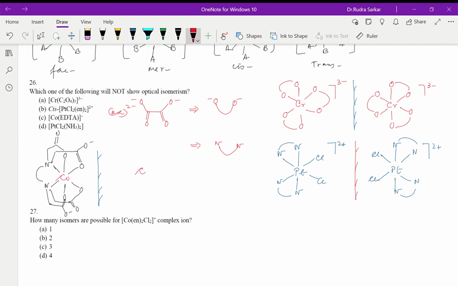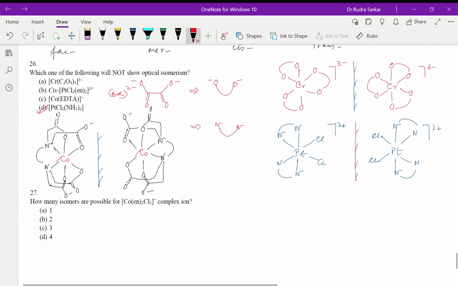So this will be Co. So all these, A, B, C, are having mirror images, but D will not have a mirror image. It will only be showing GI.